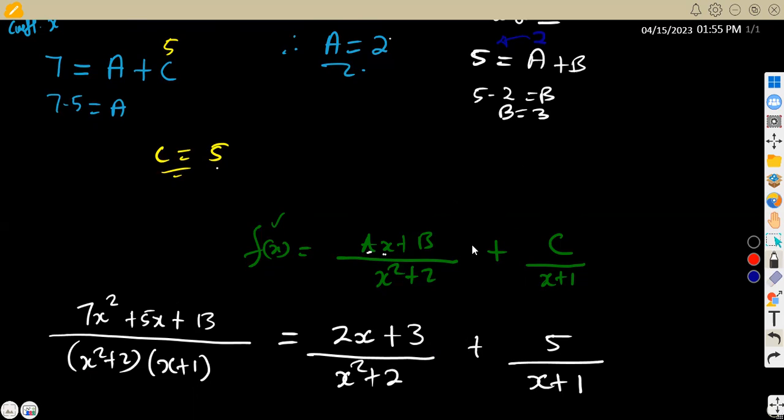These are the major parts that we are going to be dealing with whenever you're dealing with partial fractions. Are you having linear factors? Are you having quadratic factors? Are you having repeated linear factors? For repeated linear factors, that's where we said we have two brackets of the same.